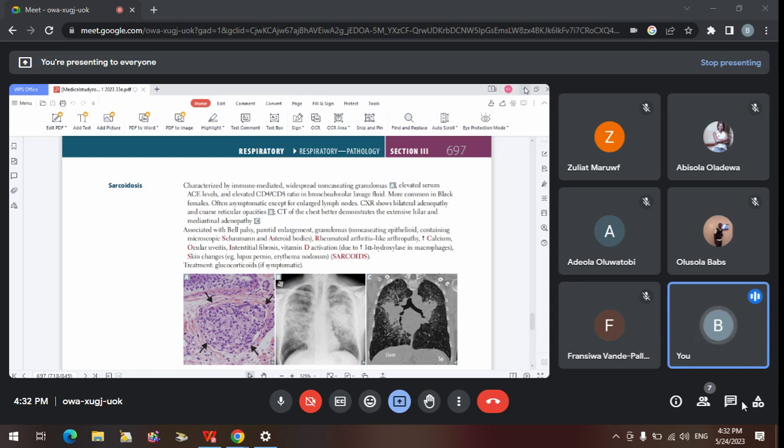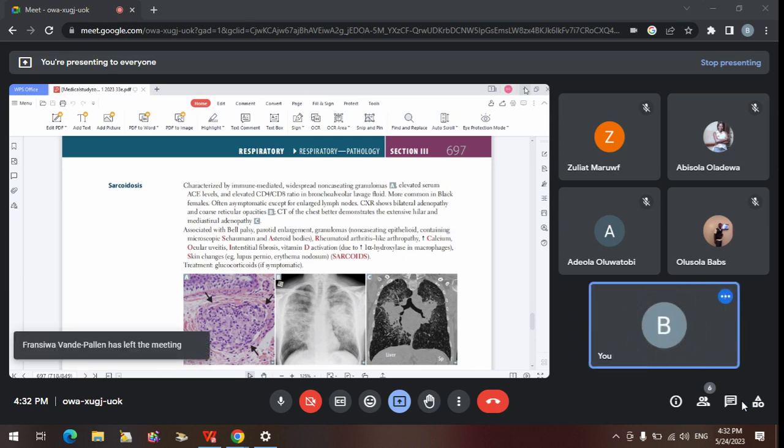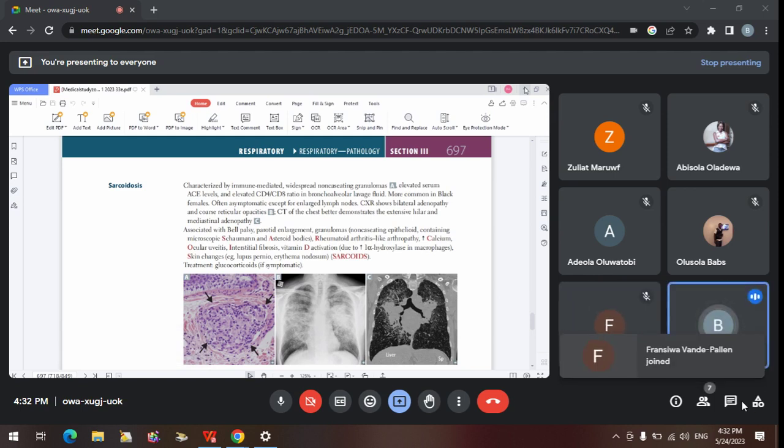Now there are some peculiarities about sarcoidosis that once you see them, you know that this is sarcoidosis they are talking about. We've talked about the fact that the inflammatory process starts within the lungs. So you have the granulomas within that lung. They typically affect the lymph nodes within the lungs, and we remember that the lymph nodes in the lungs are called the hilar lymph nodes.